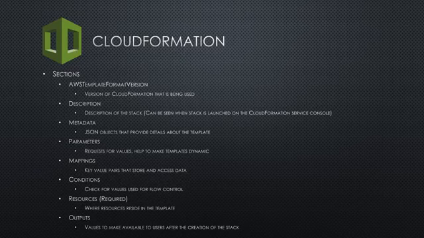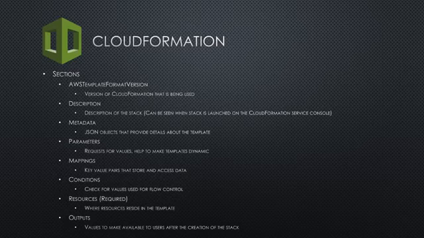There's the function FindInMap, and this returns the value of a key value pair that is specified in the mapping section. So one example that you might want to use with this is you may have AMIs for EC2 instances that you want to spin up, but because an AMI is specific to each region, you may want CloudFormation to detect what region you're in and then pull the proper AMI image based on the region.